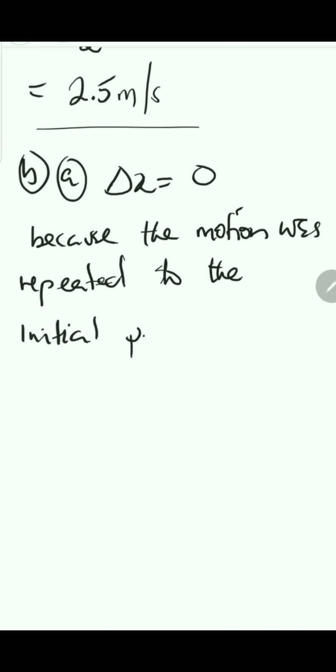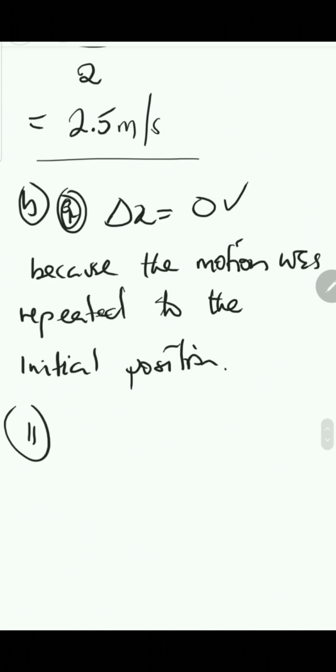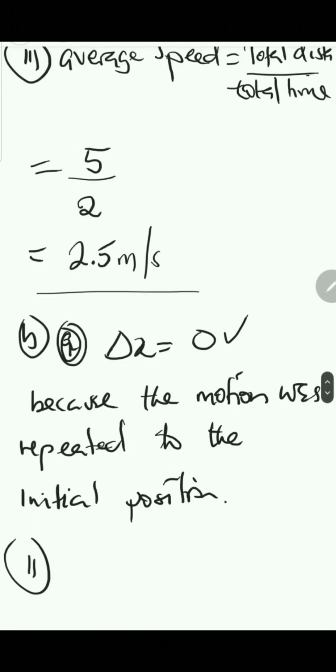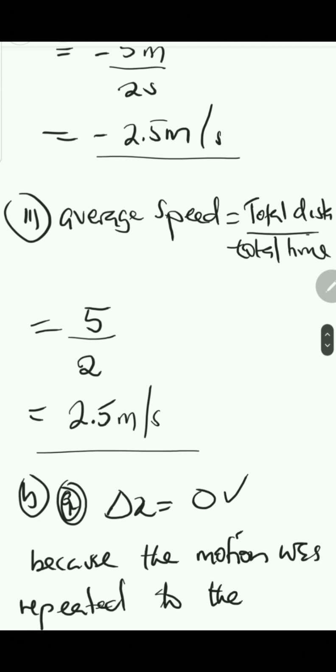Then moving to the next one, we are finding the average velocity, which is equal to the displacement over the time taken. For the average velocity, we have the 0 for the displacement, then you divide by the time.